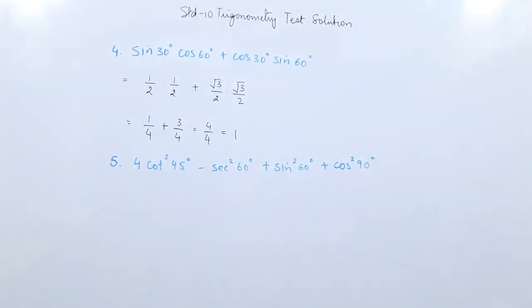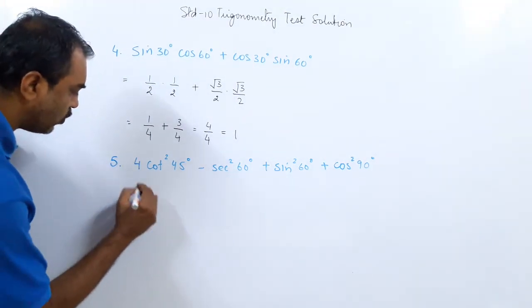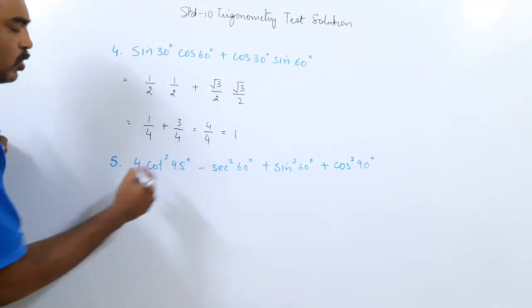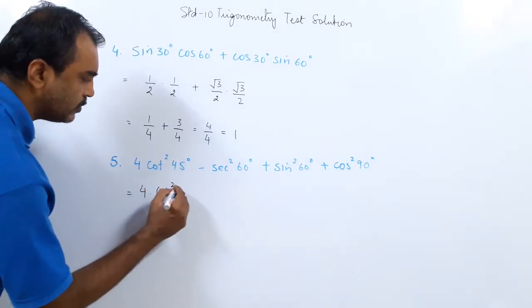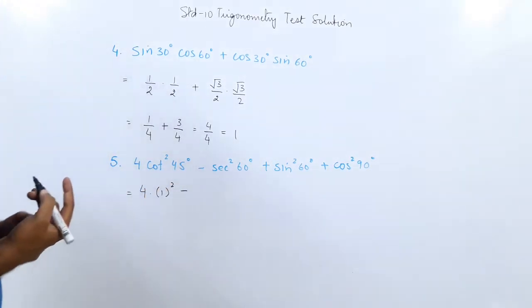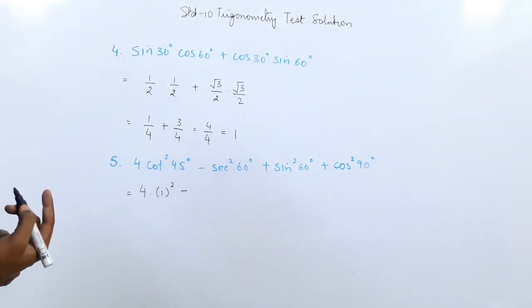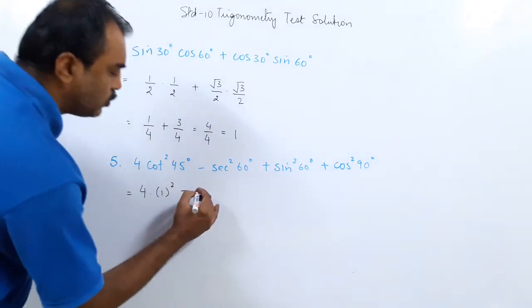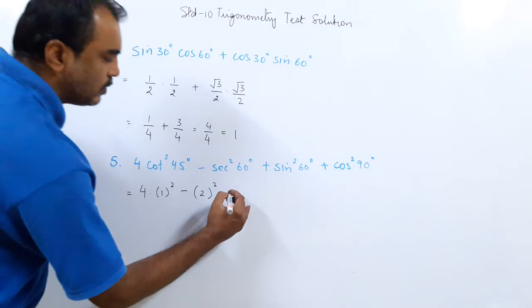So this is the fifth sum based on the same methods. Here we have a 4, and cot square 45: cot 45 is 1. So 1 square is 1, minus sec square 60. Now what is sec 60? Sec 60 is 2. So we have 2 square.